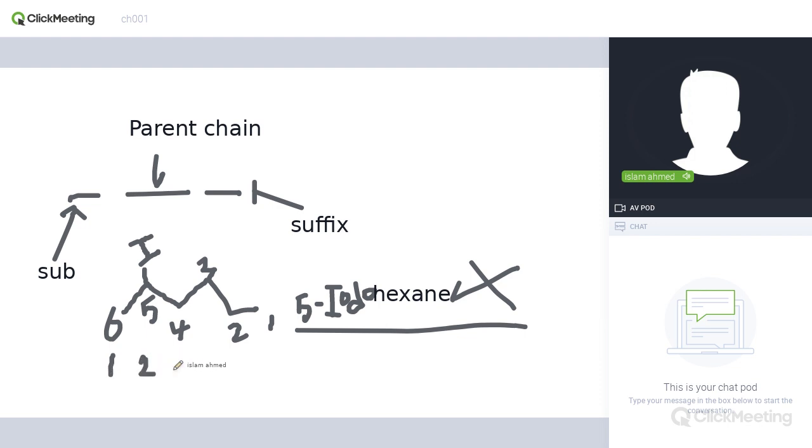It will be 1, 2, 3 carbon atoms, 4, 5, and the last one is 6 here. So we will count the carbon chain in a way that we give the lowest number for the substitution.